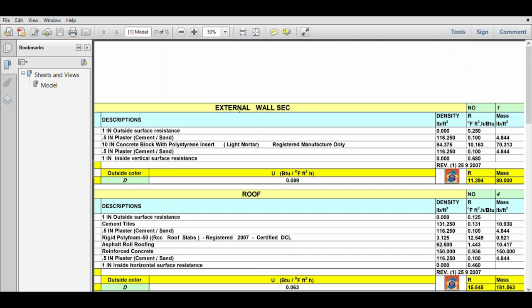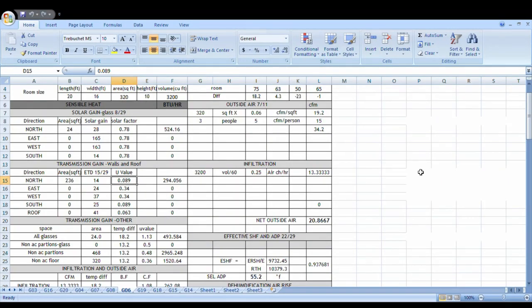For external walls, the U value is 0.089. If we multiply all these values, you will get 294.056.